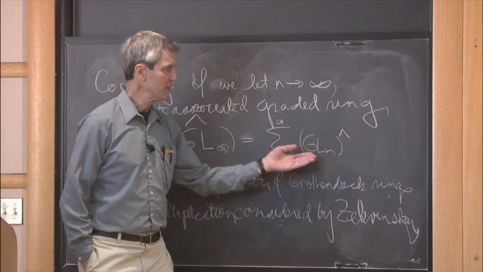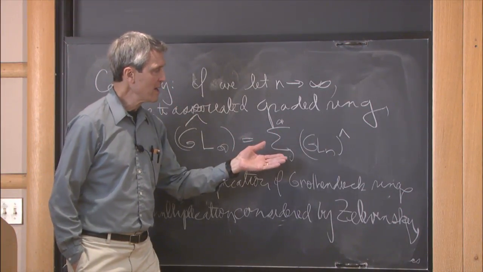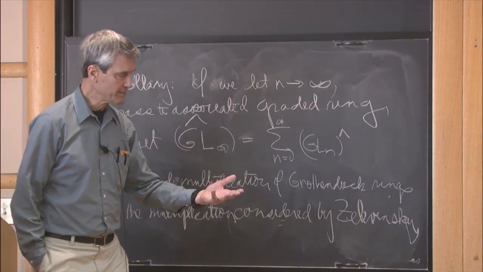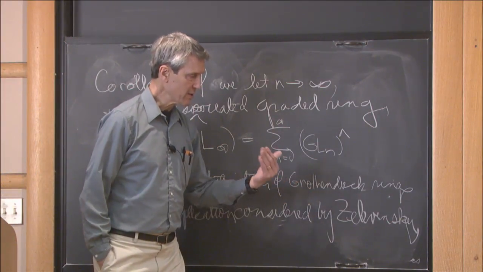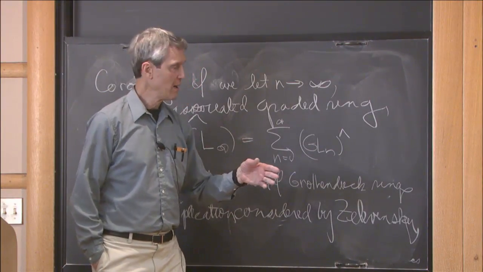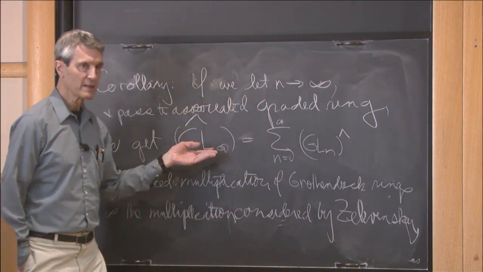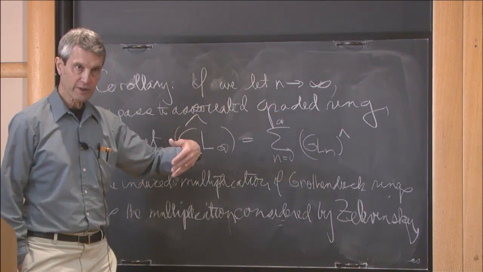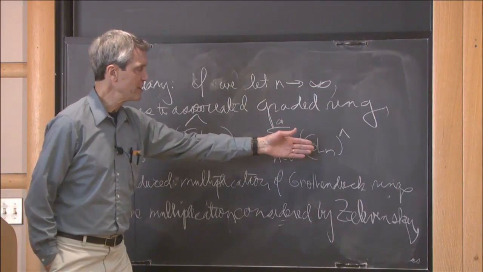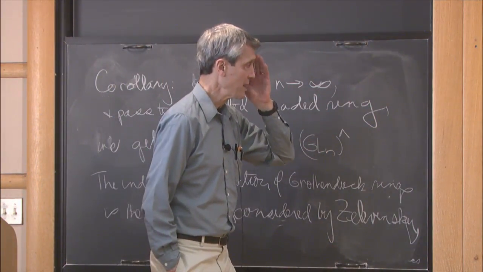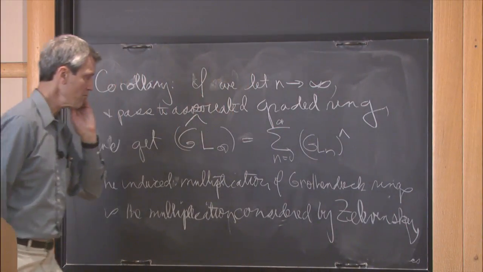And then he also did the similar thing for GLN, and he showed that they had a structure of Hopf algebra, of which this was the multiplication part, and then there's a co-multiplication given by restriction from GL(k+l) to GLk times GLl.